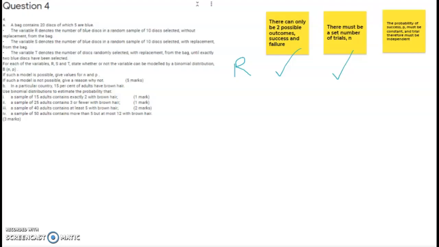The probability of success, p, must be constant, and the trials therefore must be independent. In this question it says once they are selected it is without replacement. Therefore the probability of selecting a blue starts off at 5 over 20 and then becomes something over 19, something over 18, etc. So the first one, R, is not suitable for a binomial.